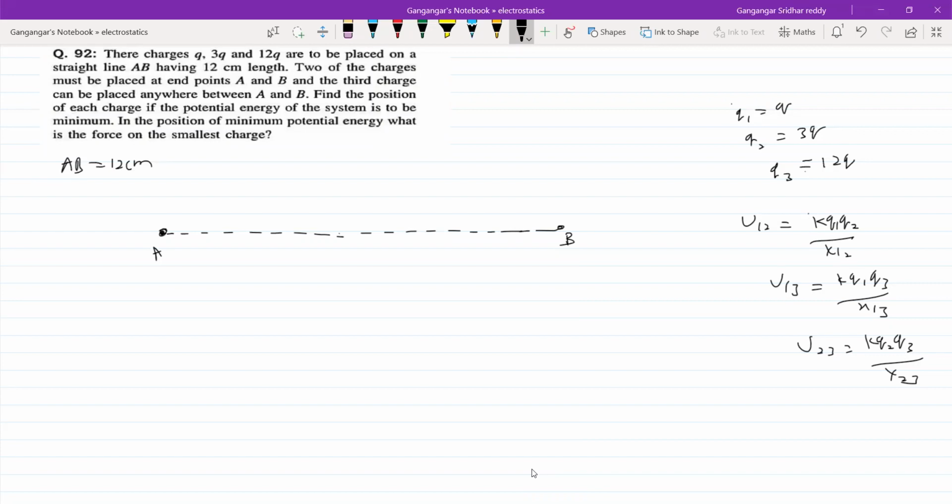But look at the denominator. It will be minimum when the denominator has maximum value. I'll look at the charges 3Q and 12Q, the product of these two. If they are separated by maximum distance, then only it will be minimum, no?